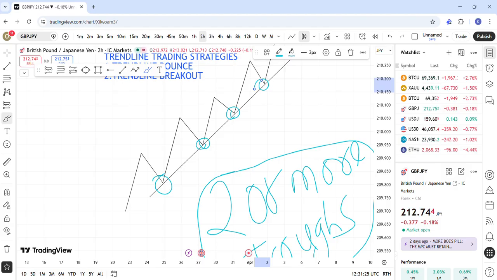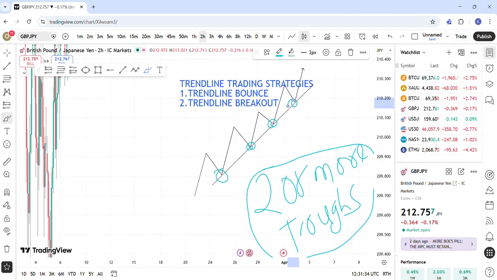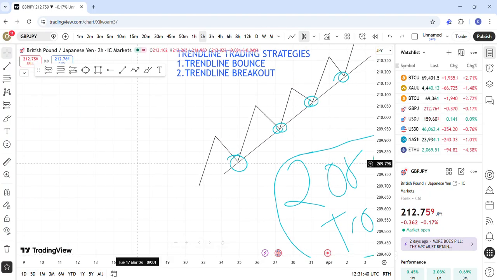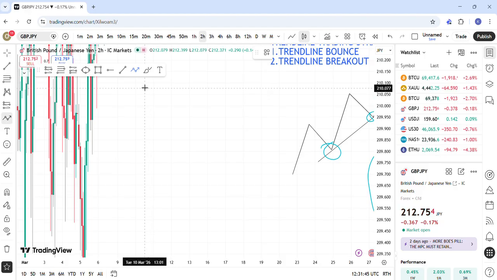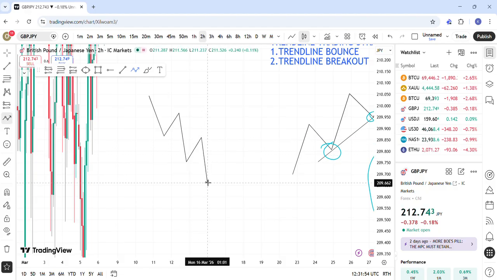Let me draw one for a downtrend. So this is the one for a downtrend. Price goes like this, drops, goes up, comes down, goes up, comes down, goes up, down.